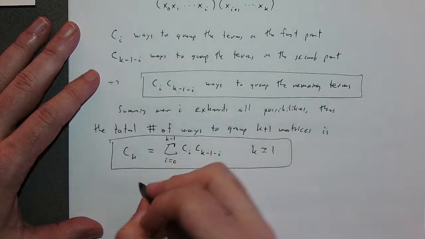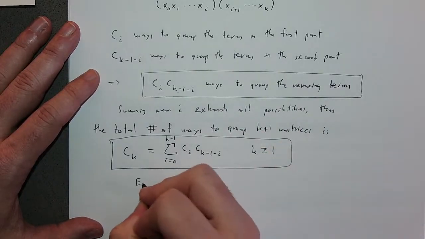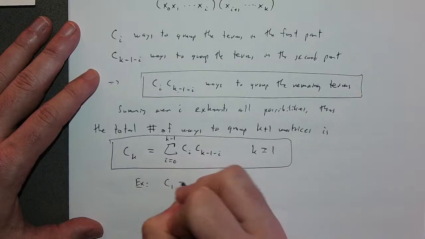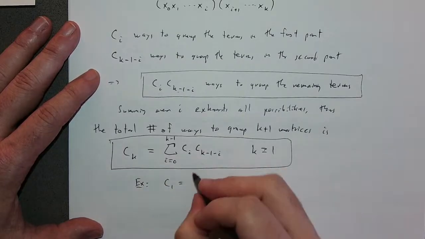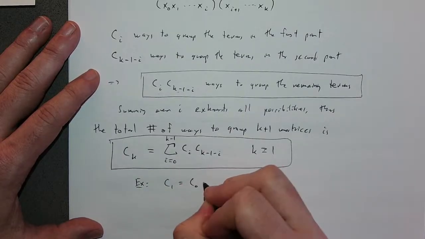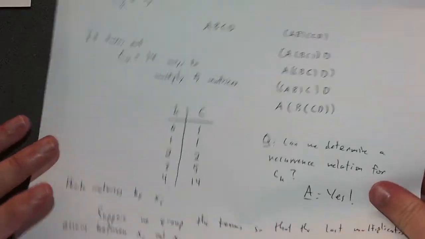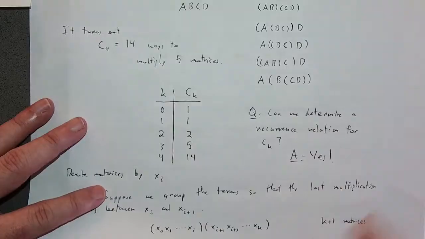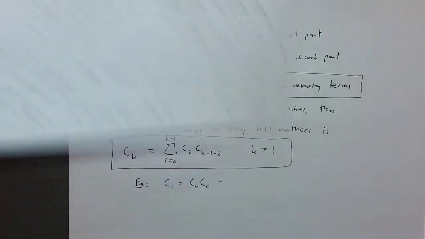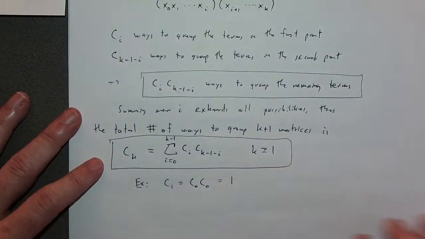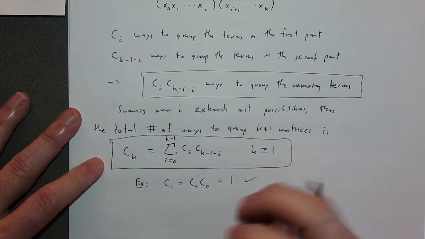So what is C sub 1 here? According to this, it should be C naught times C naught. C naught is 1, so this would be 1 times 1, or 1. That is exactly what C sub 1 should be.